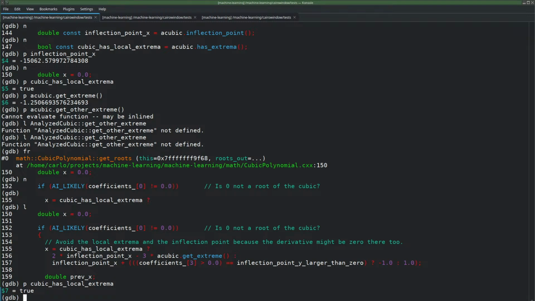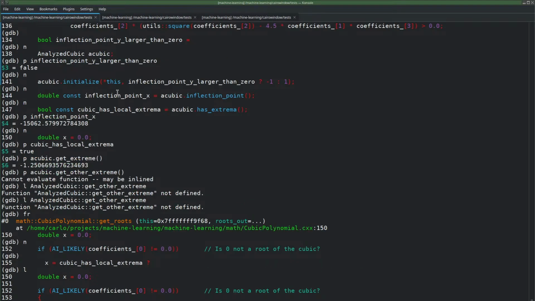Let's just ask Wolfram Alpha. So we have the inflection point and we have the other extreme here. It's just a fact like that. The other extreme must be on the other side of the inflection point, the same distance. So if this is one extreme, then the other one is this minus that minus that.